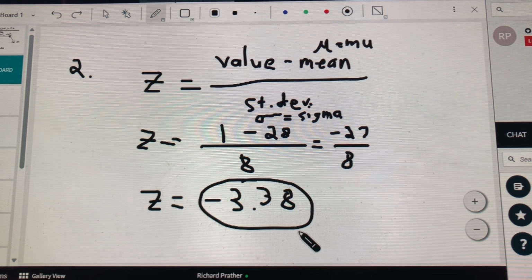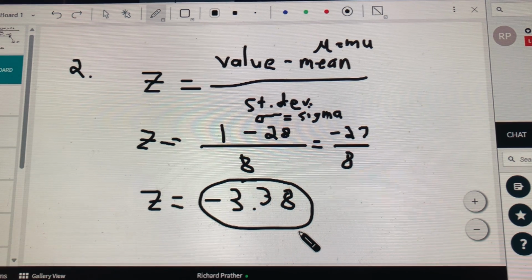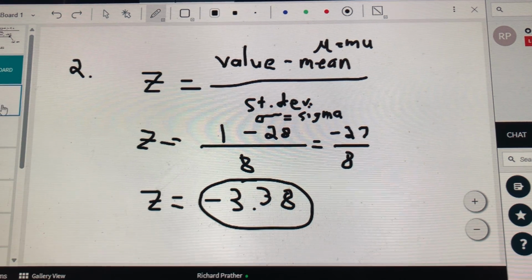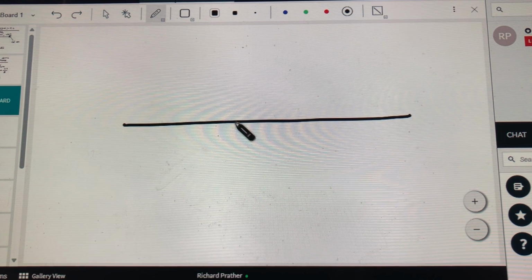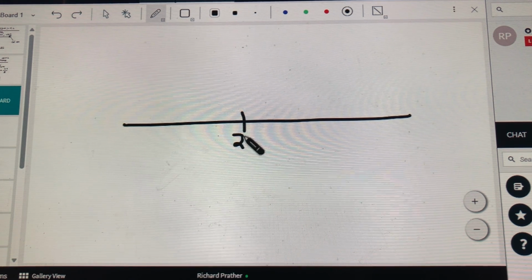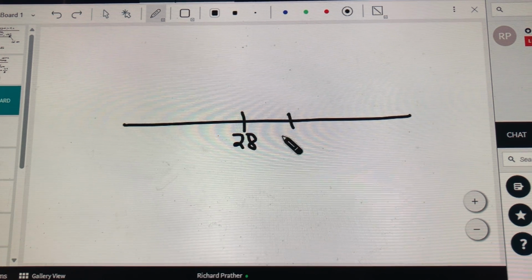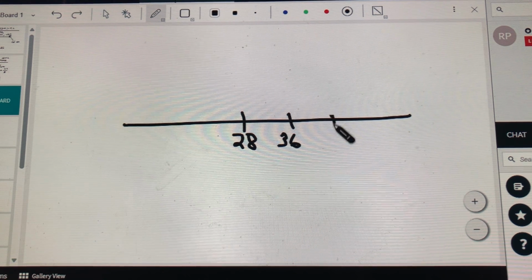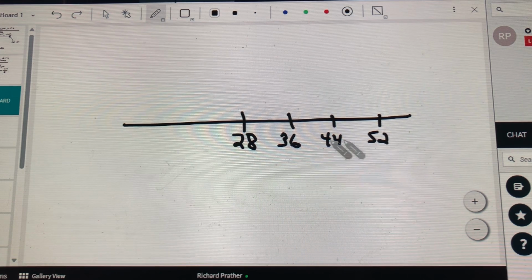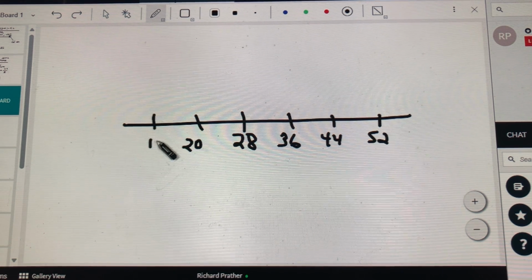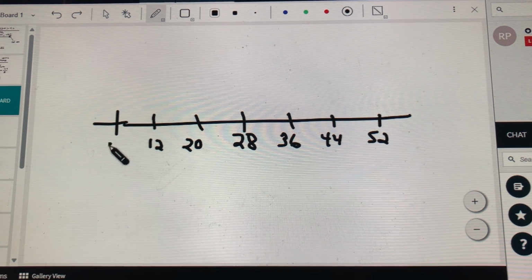Now, I'm thinking, remember when we did the empirical rule? I had to think for a second if you guys have covered that. The empirical rule, remember how you put the mean in the middle? And then you add 8, add 8, add 8. Remember that? And then you go back to the mean, subtract 8, and subtract 8.